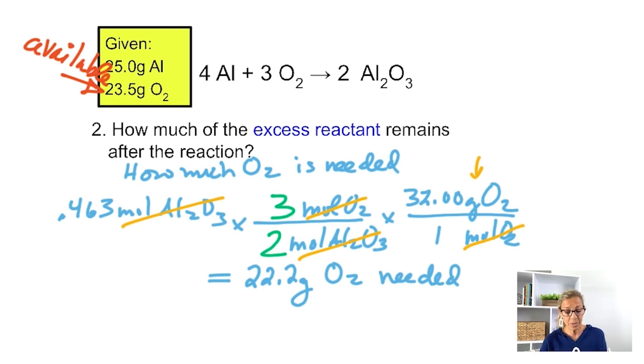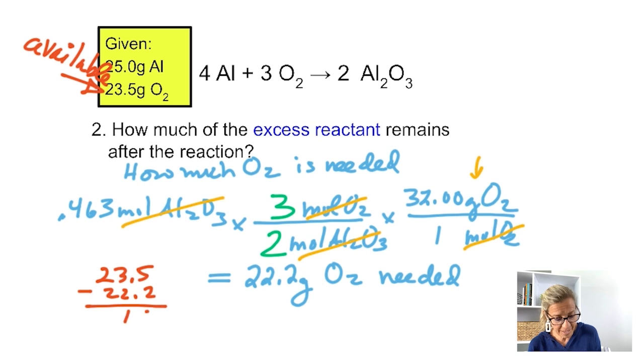We had 23.5 grams available and we only needed 22.2. And so I'll subtract, and we're going to get 1.3 grams of oxygen left over, or we would call that excess.